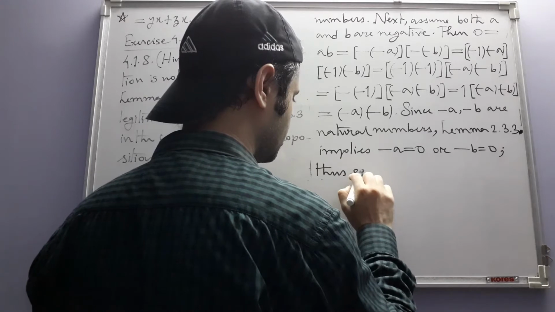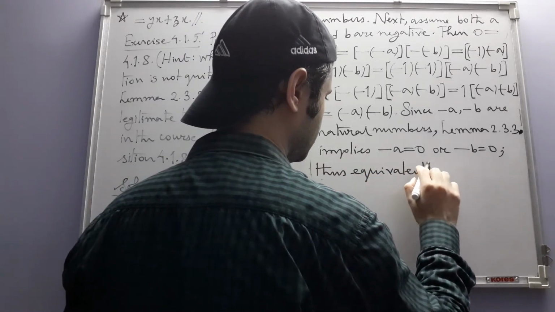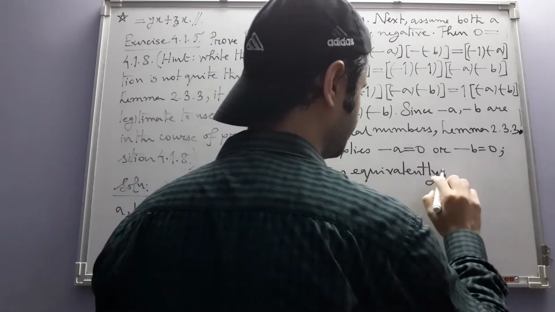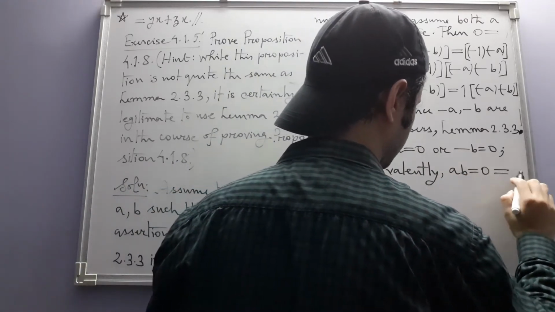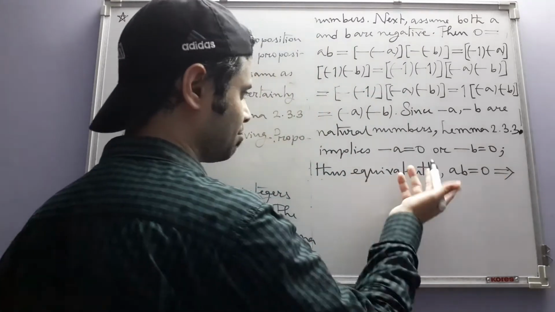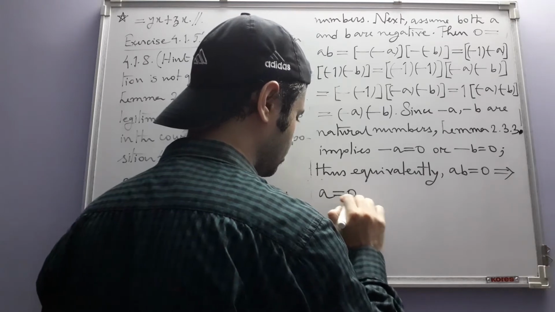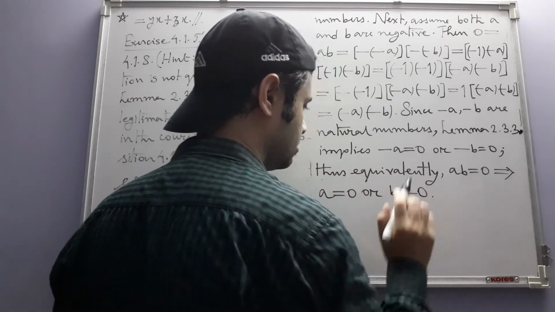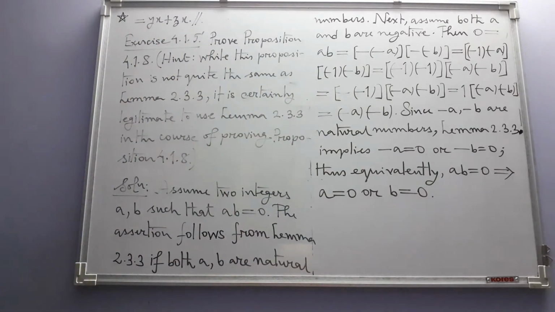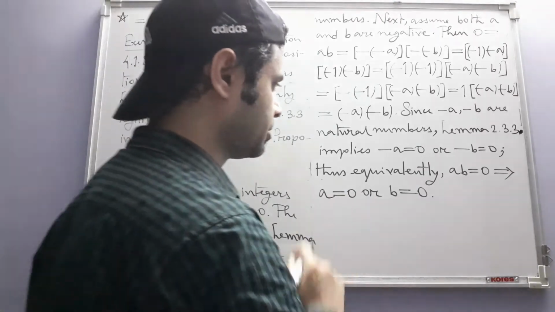Thus, equivalently, ab equal to 0 implies if minus a is 0, then a is also 0, or b is 0. Okay, so ultimately we are getting either a is 0 or b is 0, or of course both are 0.